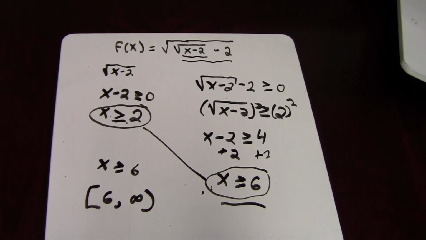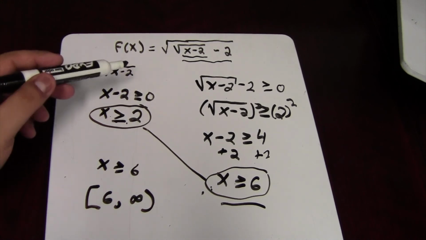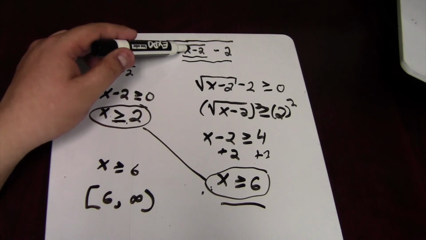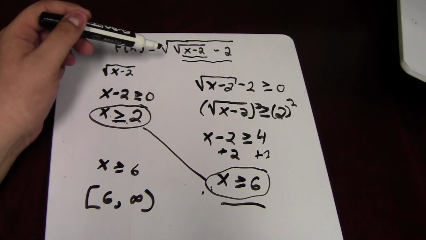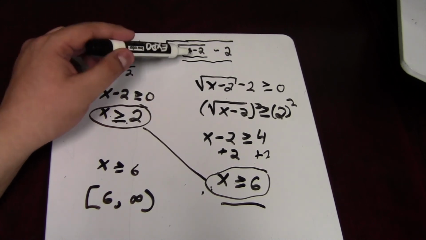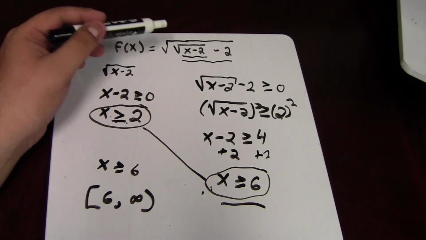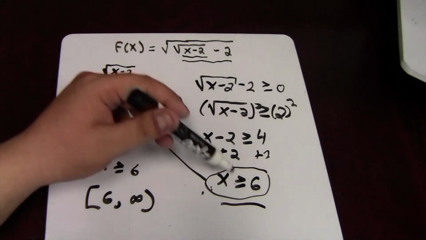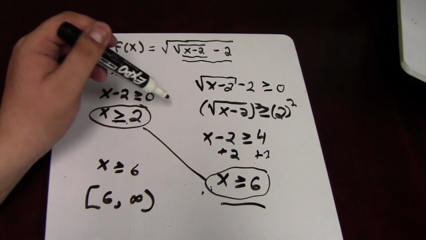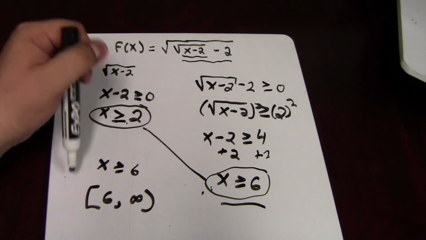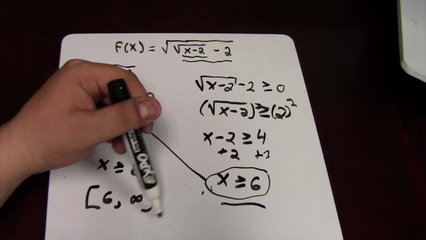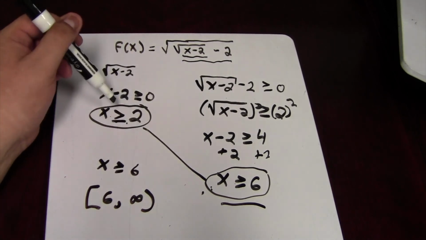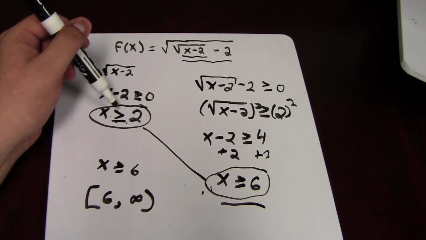So just make sure that when you have functions like this that are within other functions, okay, this is like a function within a function. This is like a composite function, okay? Just make sure that you're checking the domain of both cases here, and your domain itself has to be the ones that include everything from both of these together, meaning the intersection.